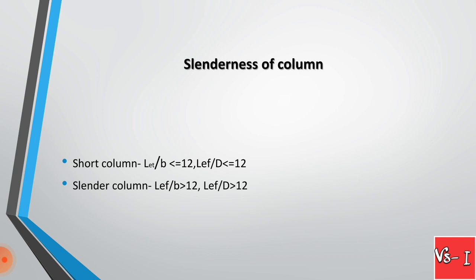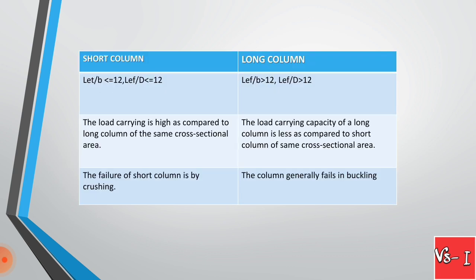For the slender column, as shown in the image, L effective divided by B will be greater than 12, or L effective divided by D will be greater than 12. It will be considered a slender column.